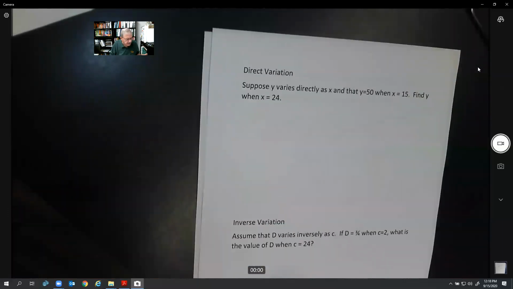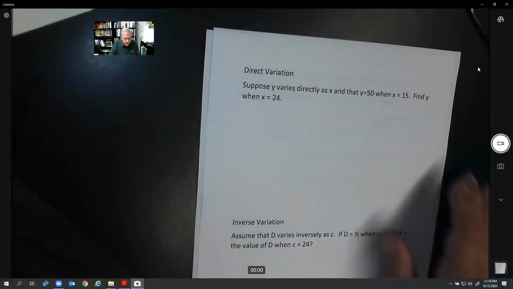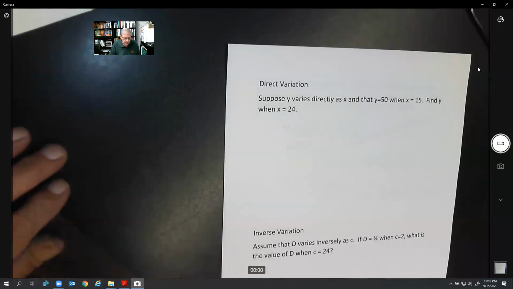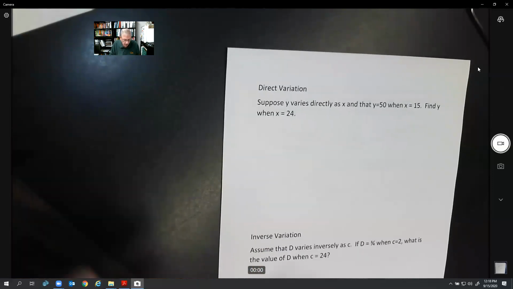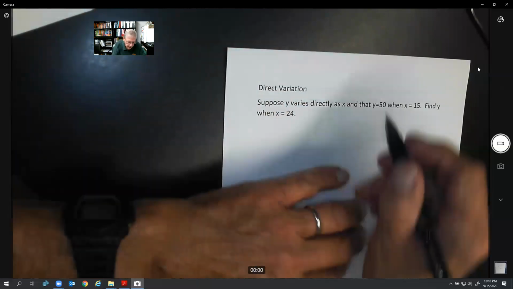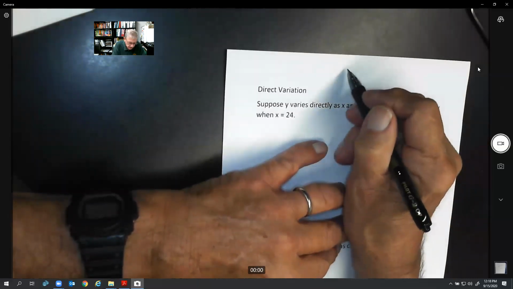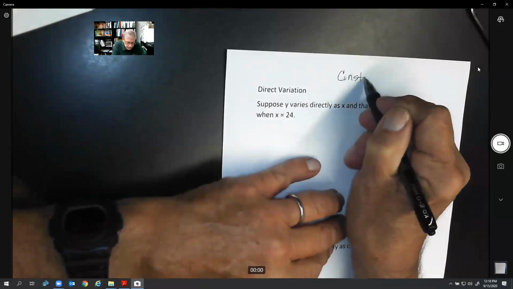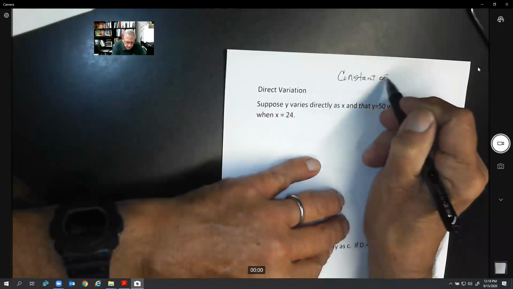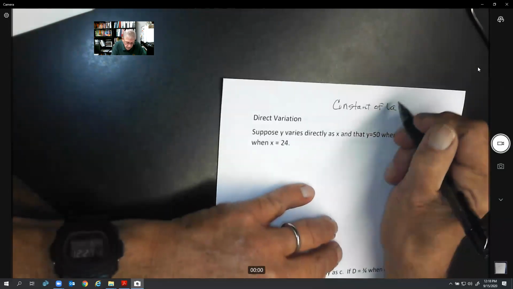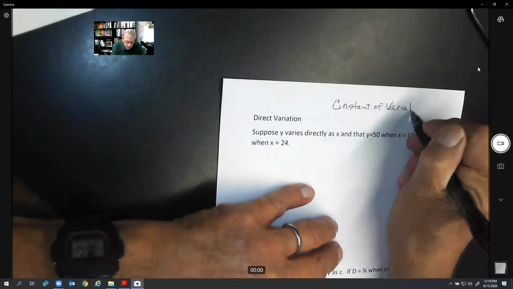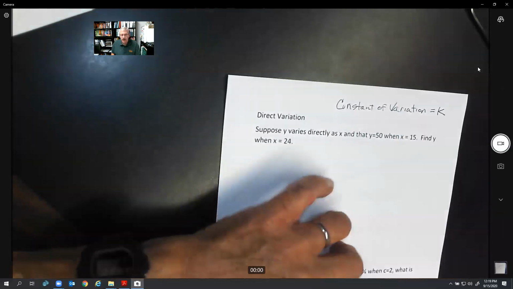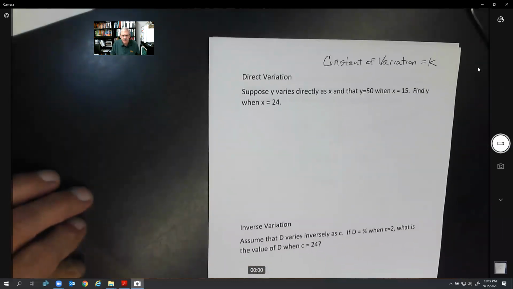Direct variation is basically a direct proportion. That's usually the type you can set up as a proportion, but we're going to set it up a little differently. On all these problems with variations, we're looking for something called a constant of variation. And we're going to let the letter K, because we don't know how to spell in math, stand for that.